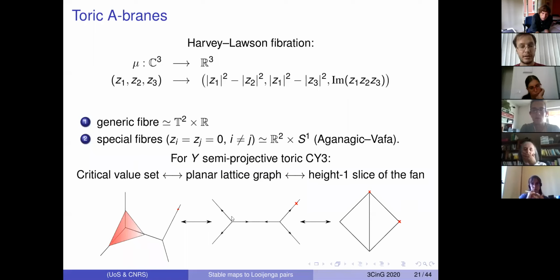They would basically parametrize the S^1 that gets contracted at that point. Once again, having a Harvey-Lawson brane would give a marking to one of the non-compact edges.